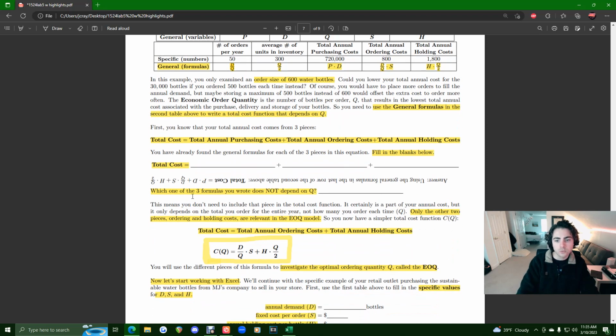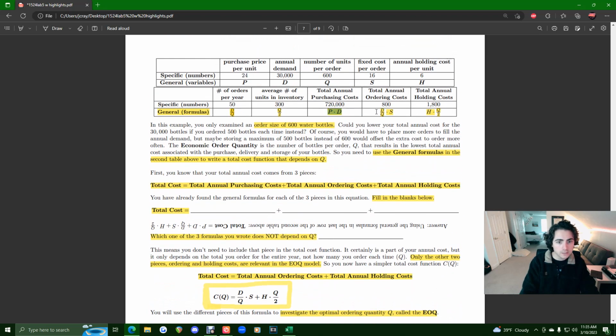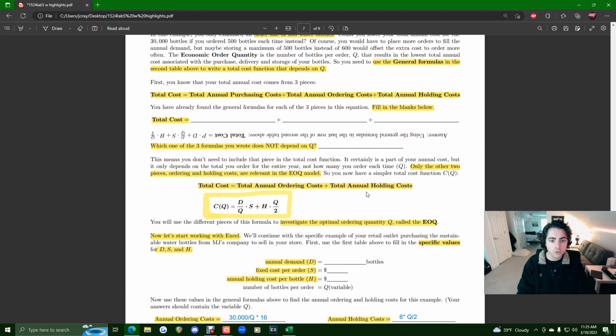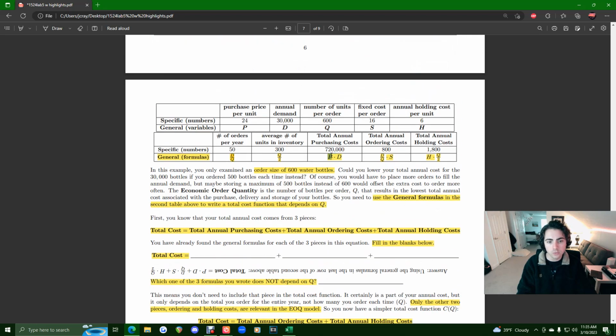And then they ask which one of those three formulas you wrote does not depend on Q. So of these three, which one doesn't have a Q in it? That'd be the first one, the total annual purchasing cost. And so if it does not depend on Q, and you're just trying to find the EOQ, the quantity, then you can ignore the total annual purchasing cost.